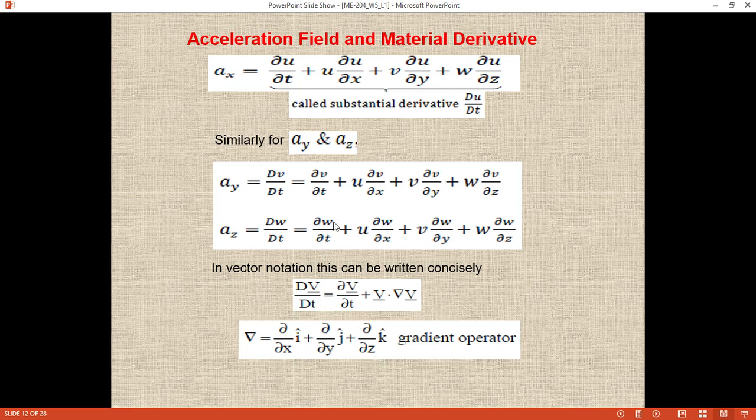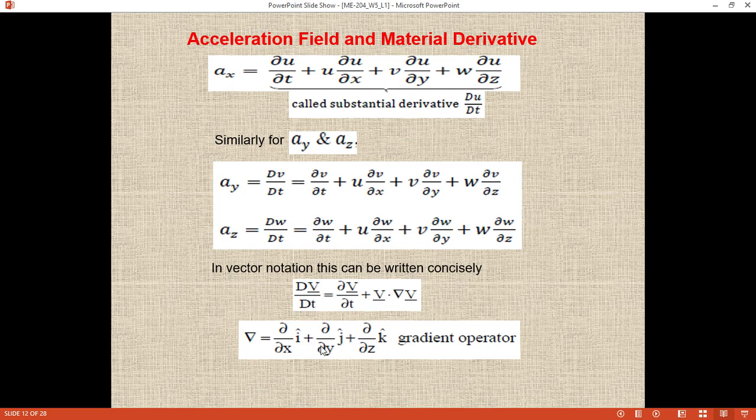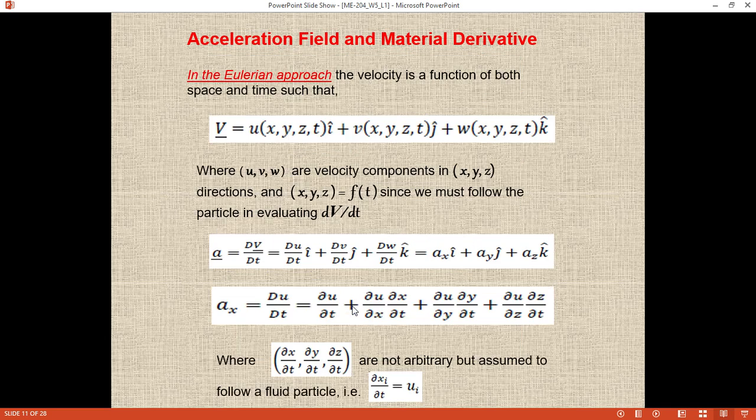So if we simplify all three components, ax, ay and az, when you insert these values here, you will end up with del V over del t, because here del u by del t, and then in the y component you will get del v by del t, in the z component you will get del w by del t.